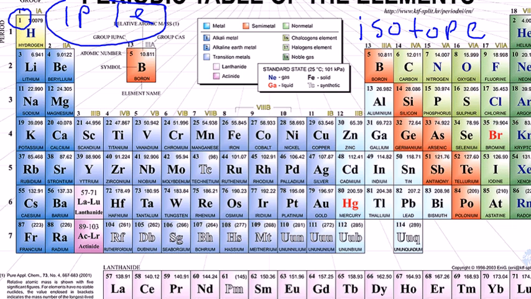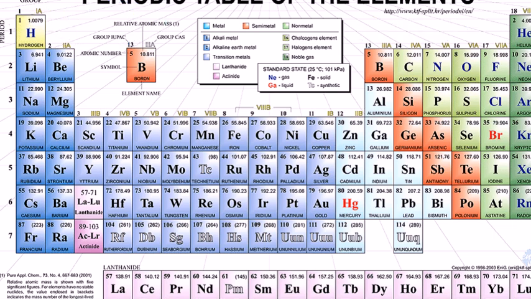But say I have an isotope of hydrogen. An isotope is just something that has more or fewer neutrons. Normal hydrogen doesn't have any neutrons, but let's say I now have hydrogen that has 1 proton and 1 neutron in the nucleus.